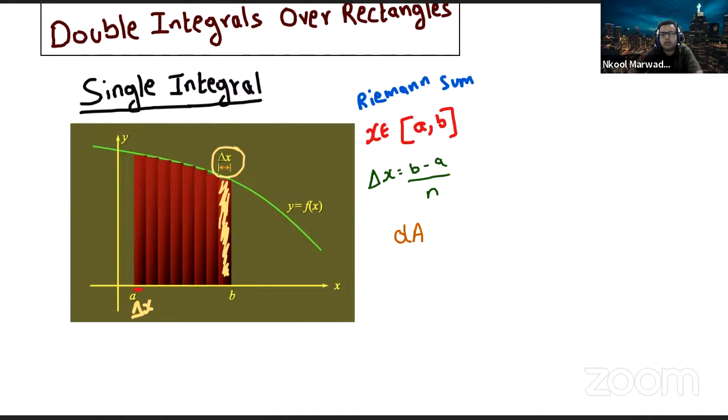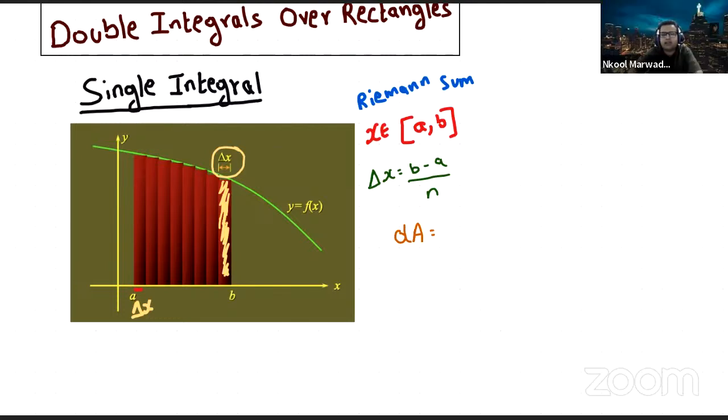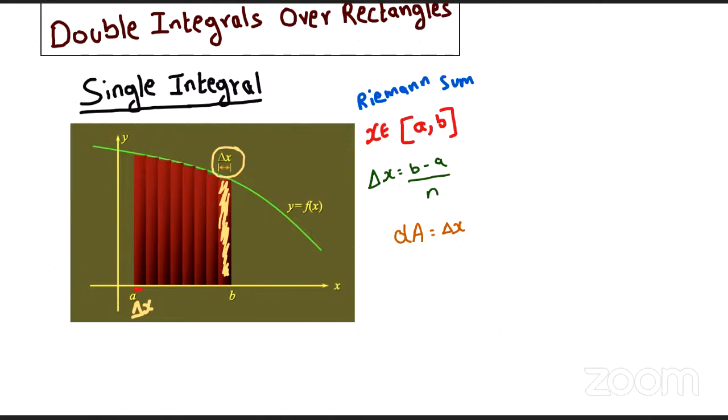So what is the area of the rectangle? Width into height. So delta x, and the height of this rectangle will be given by the function at that point, f(x).